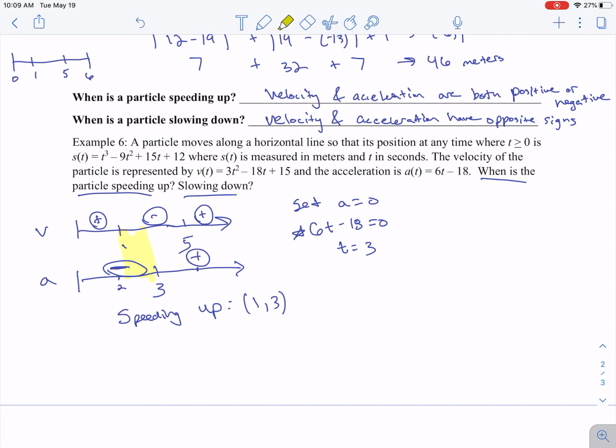And then looks like we have the same sign here, which is going to be from 5 to infinity, because velocity and acceleration have the same sign.